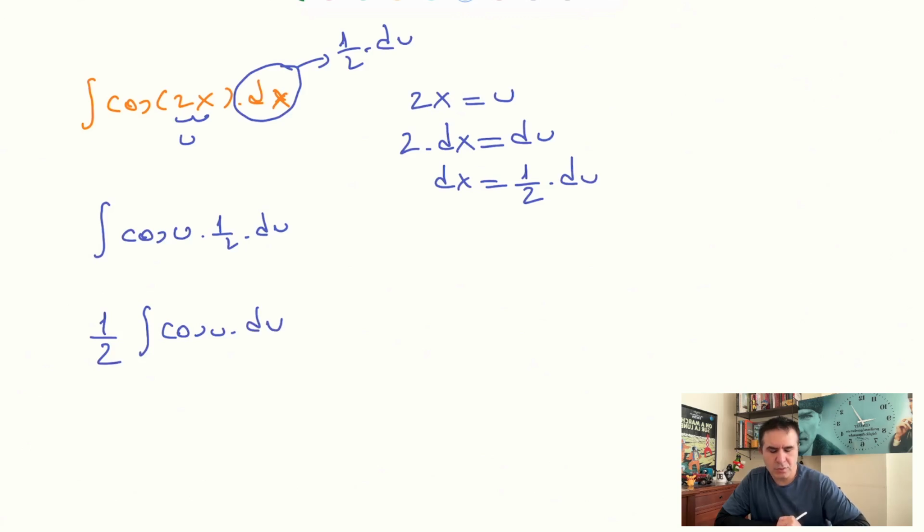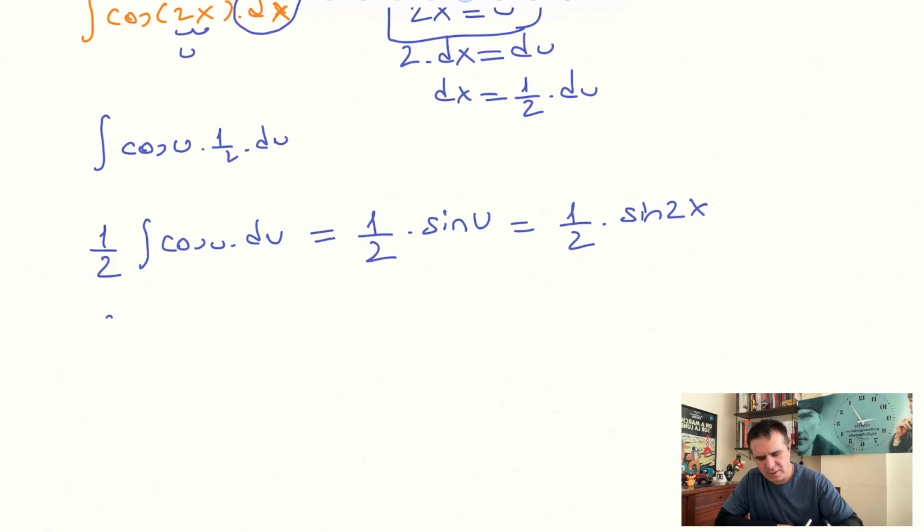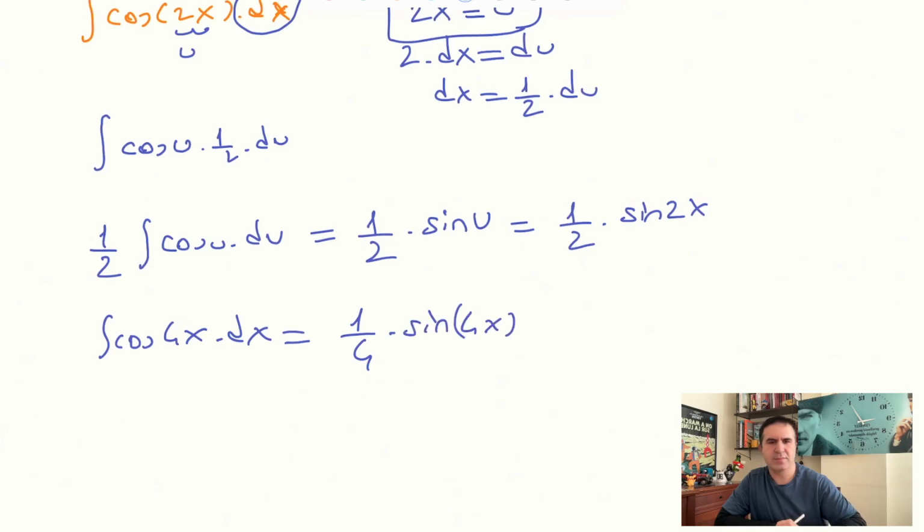Integral of cosine u is sine u. Then the integral is 1 over 2 times sine of u, and since u is 2x, the integral becomes 1 over 2 times sine of 2x. In the same way, integral of cosine 4x dx will be 1 over 4 sine 4x again.